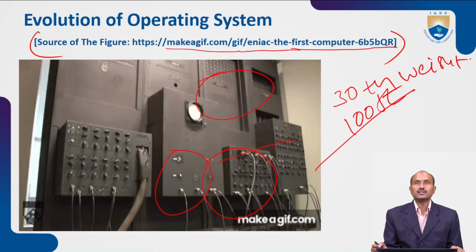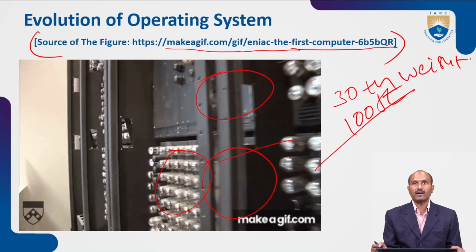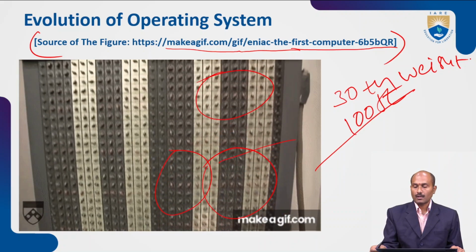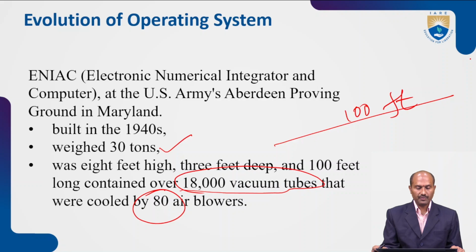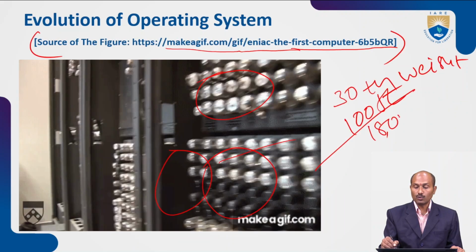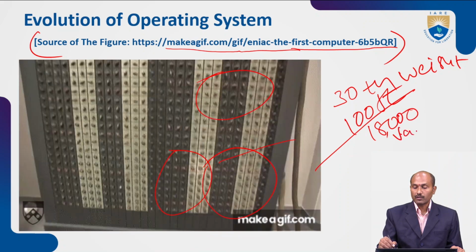This is the ENIAC computer we have seen here. It is 30 tons, 100 feet long, with 18,000 vacuum tubes cooled by air.